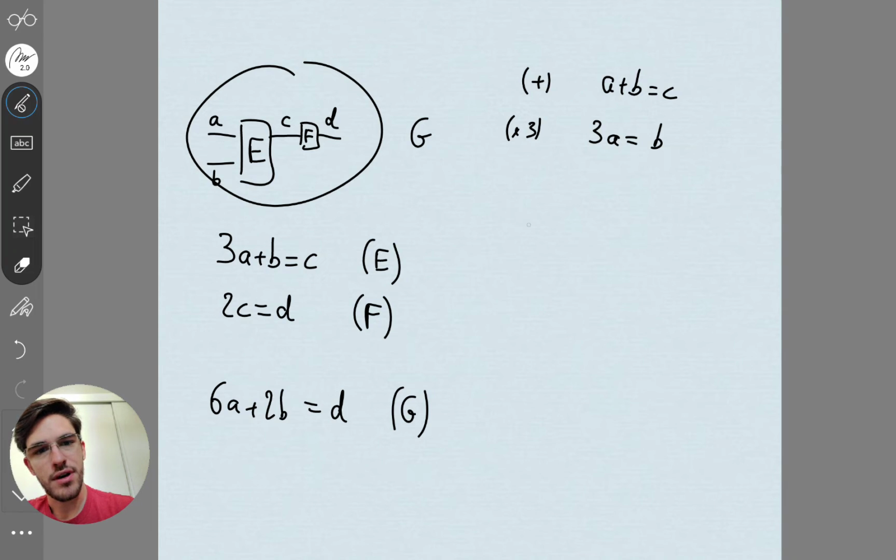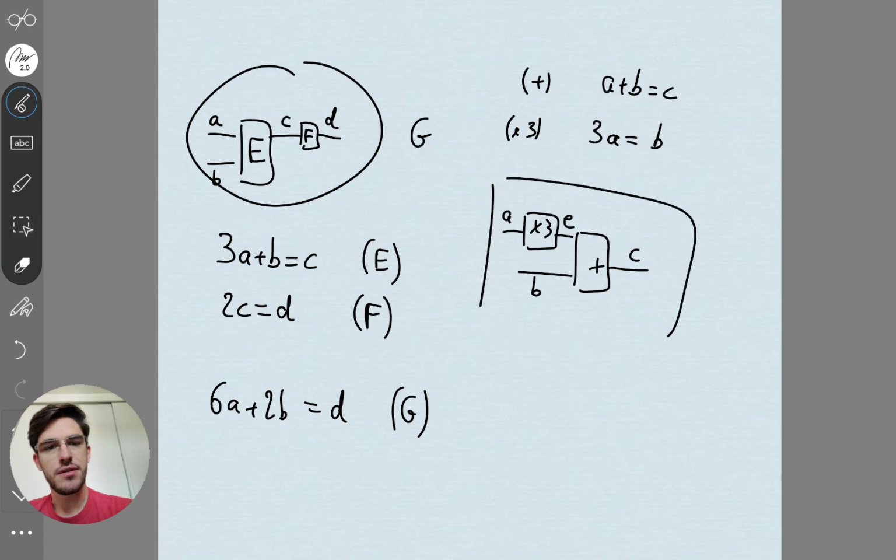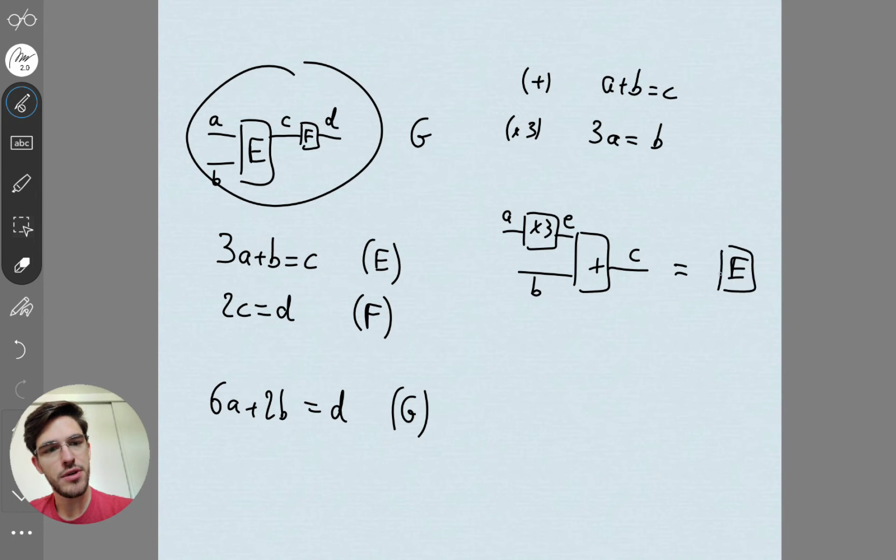So times 3 has two wires, a and b, and then plus has 3 wires. So maybe this is a, this is b, this is c, and let's call this e. What this does is the same as e, because it takes a, multiplies it by 3, adds it to b, and so we get 3a plus b equals c.